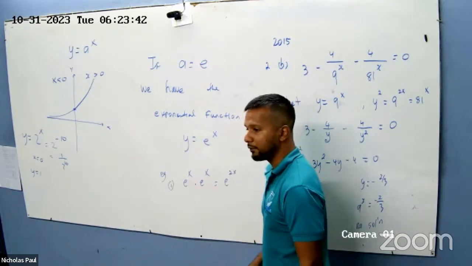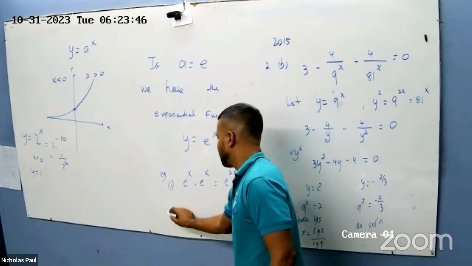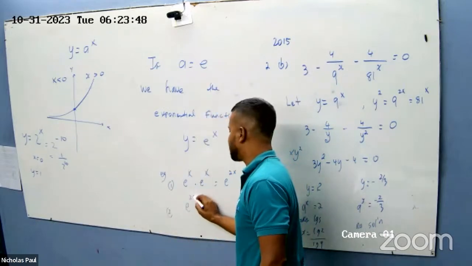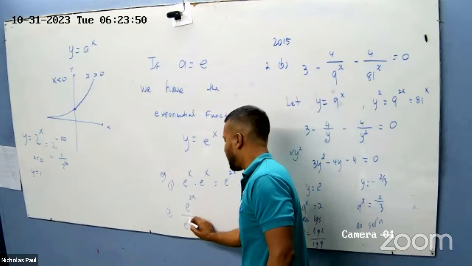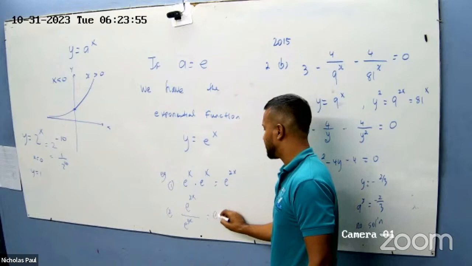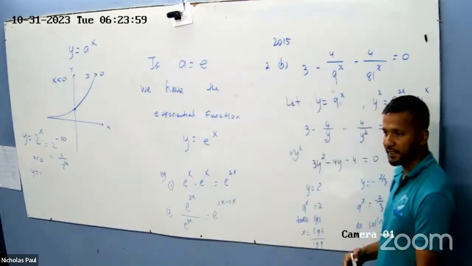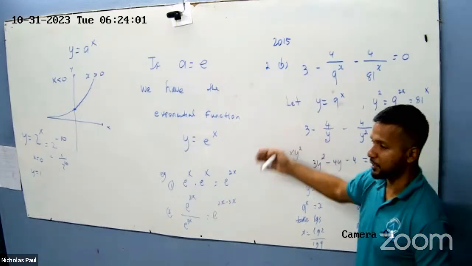If I give you e to the 2x divided by e to the 3x, same base, so you subtract powers. Everything you do with indices, you can do with the exponential function.